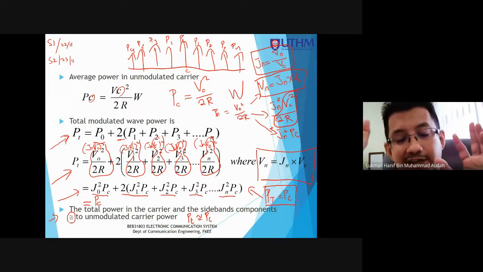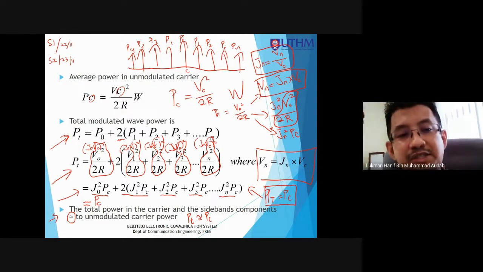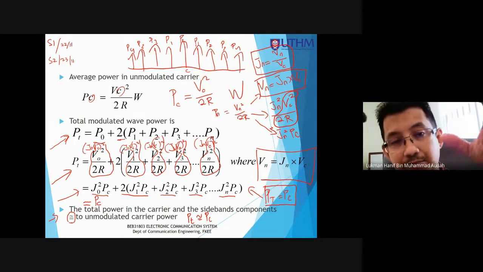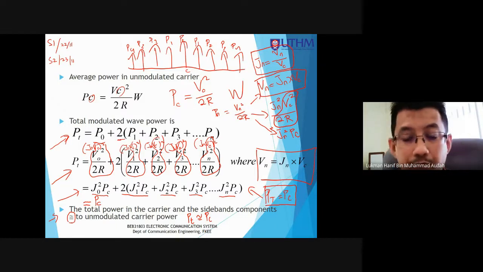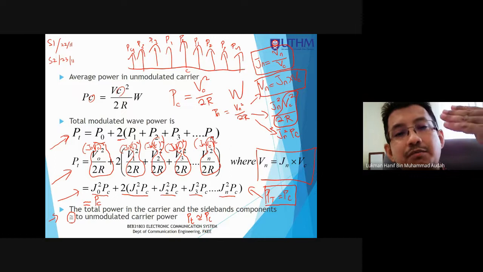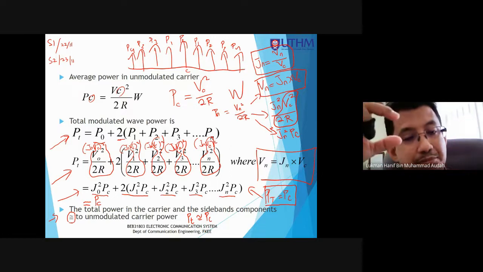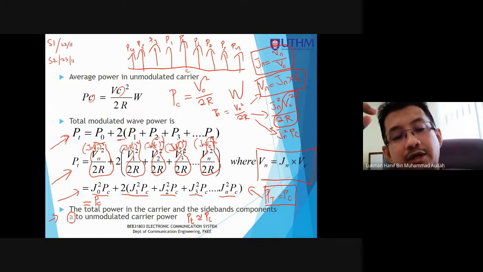Unless melainkan soalan secara spesifik wants you to calculate the total power using the Bessel table given in the paper.